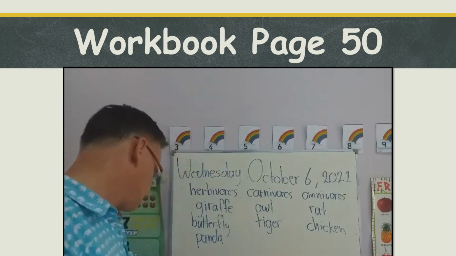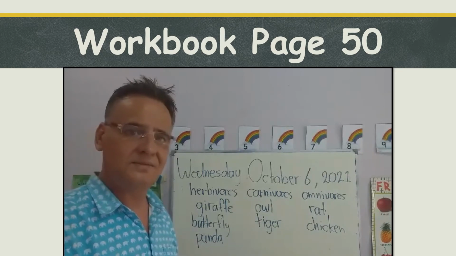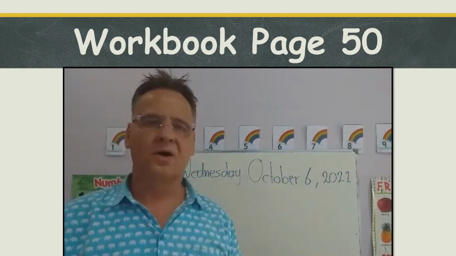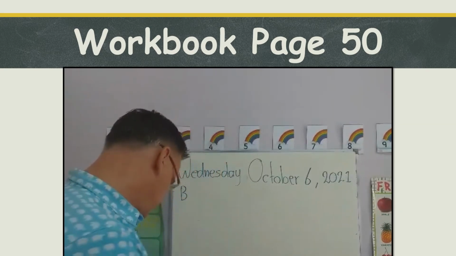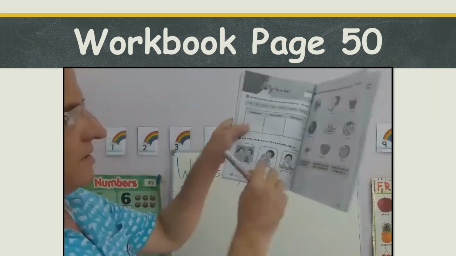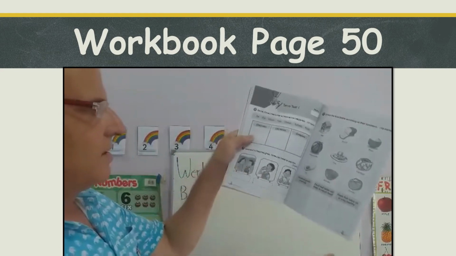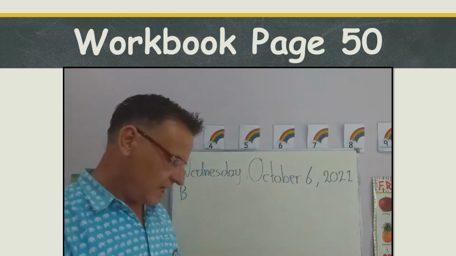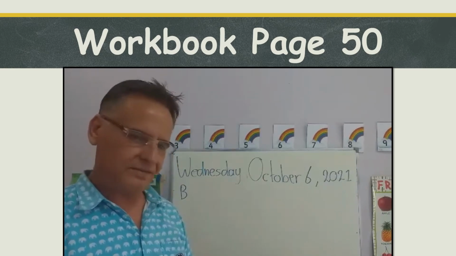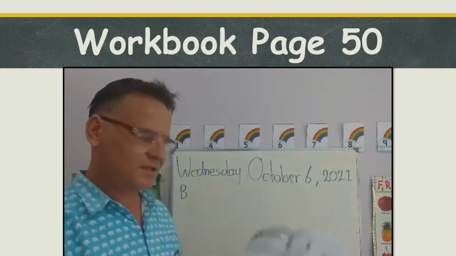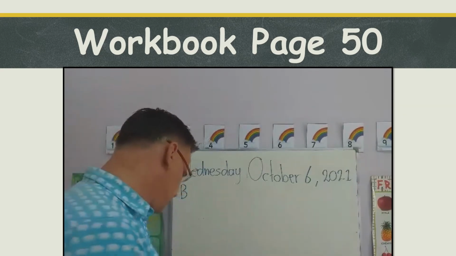Okay, now let's look at exercise B. We're still on page 50. Now exercise B, at the bottom of the page. It says, look at the situations given. State our needs to stay alive. So here are 3 pictures of things that we need to stay alive.